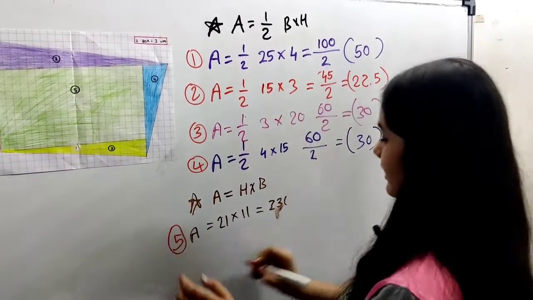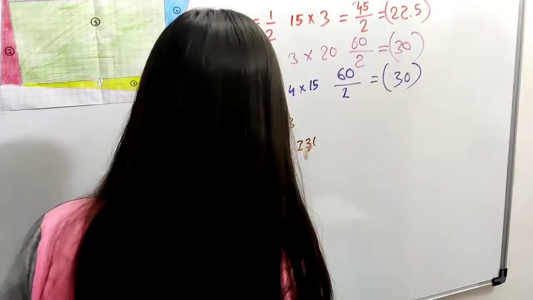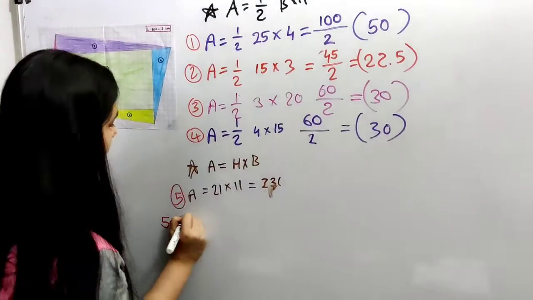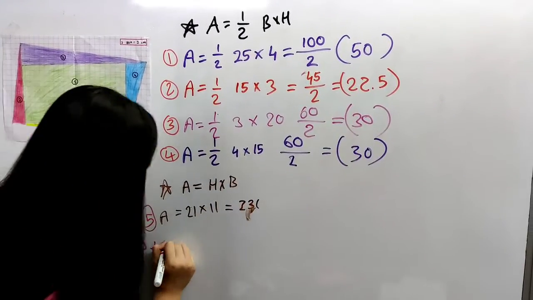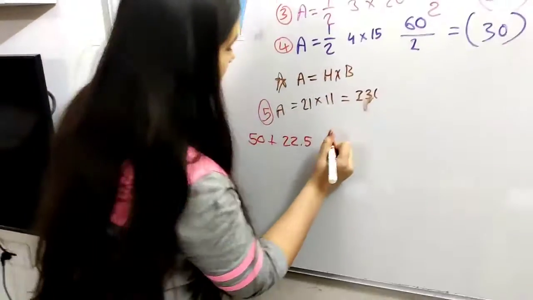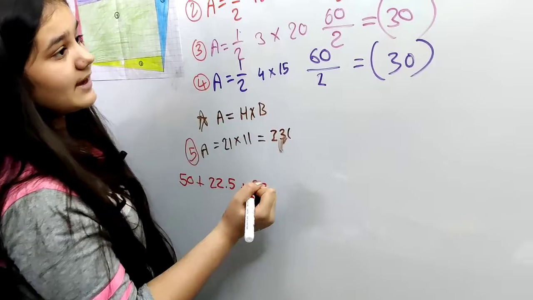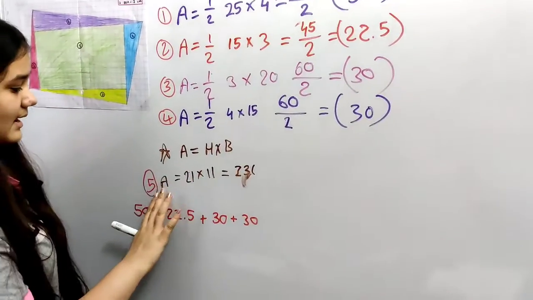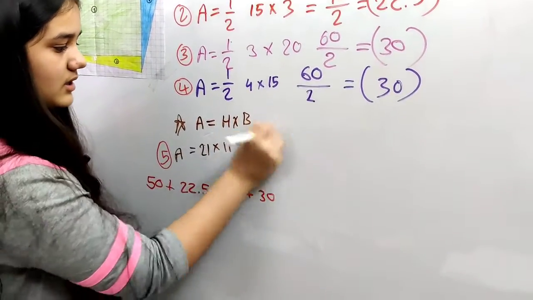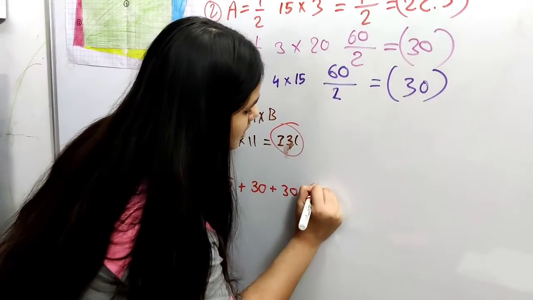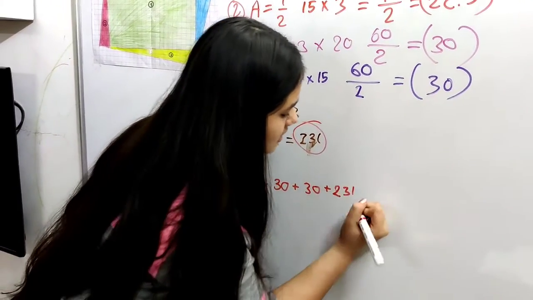So we have our 50 over here, 50, then we need to add 22.5, then plus 30, then plus again 30, and then over here this area you can see, which we have, 231.